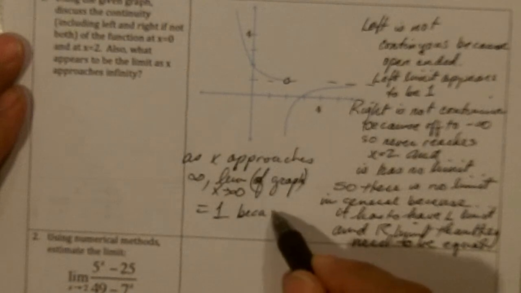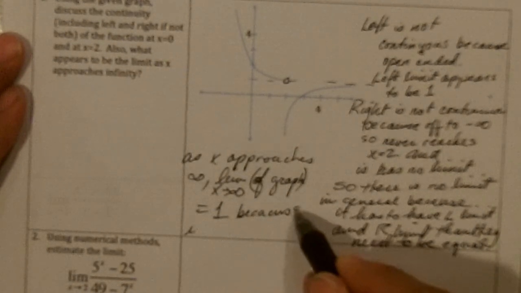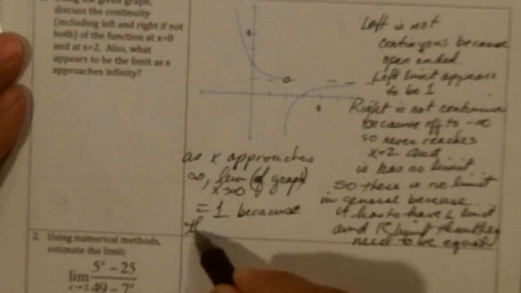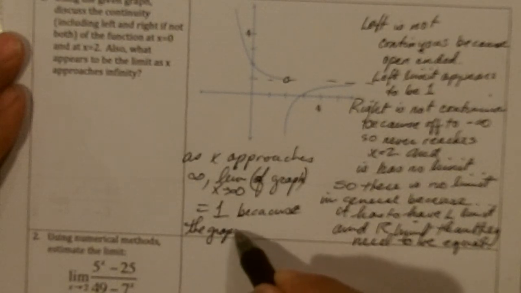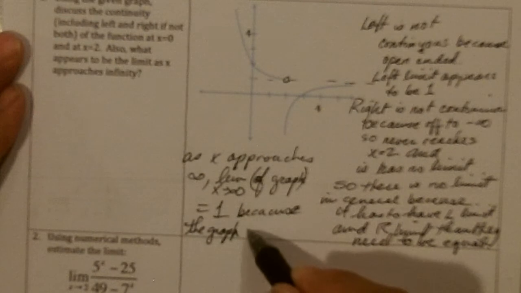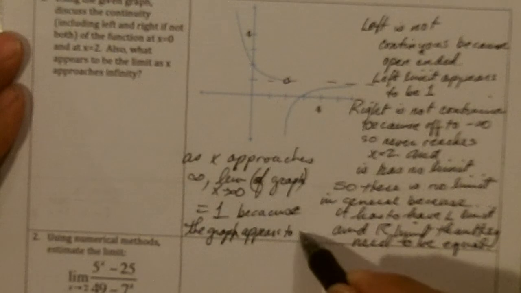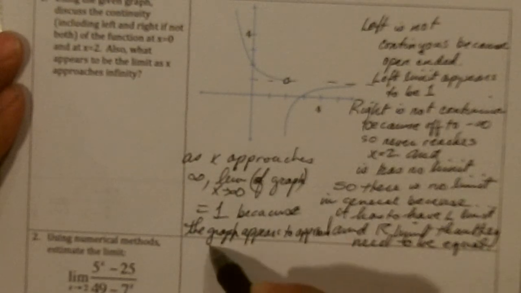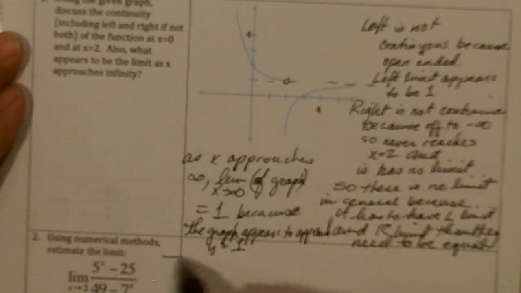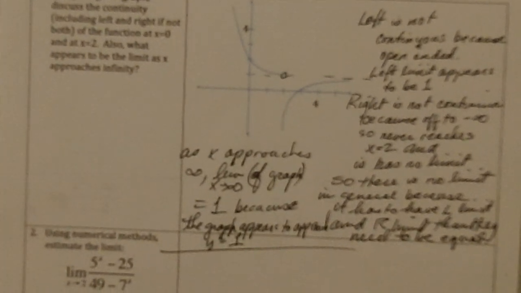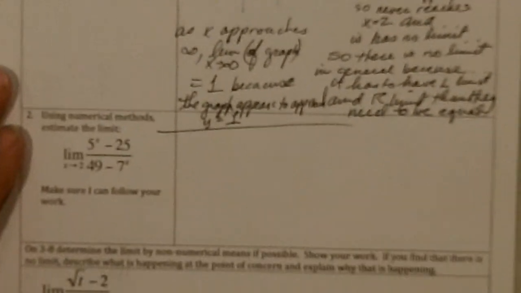Because the graph appears to approach y equal 1. Okay. I threw this limit stuff in here just in case I change this question to say not talking about continuity, but maybe talk about limits. Okay?